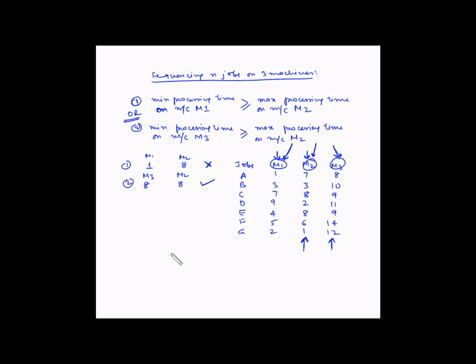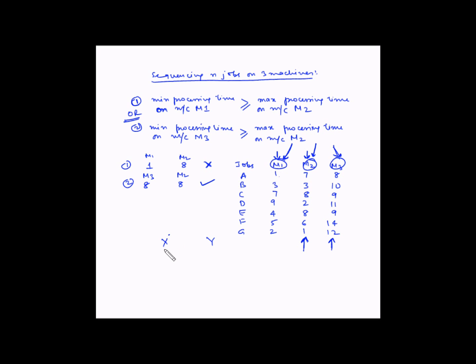So what this rule says is that convert these three machines into two machines, say a hypothetical machine X and a hypothetical machine Y. Now the processing time of various jobs on machine X is the sum of the processing time of the corresponding jobs on machines M1 and M2.